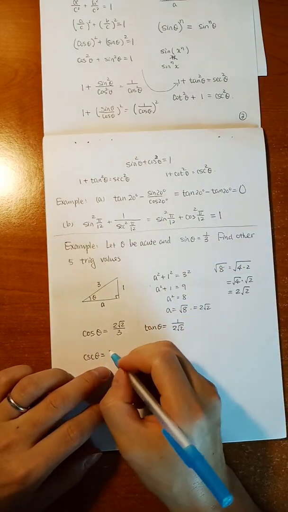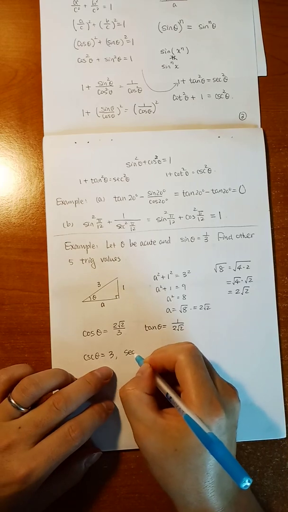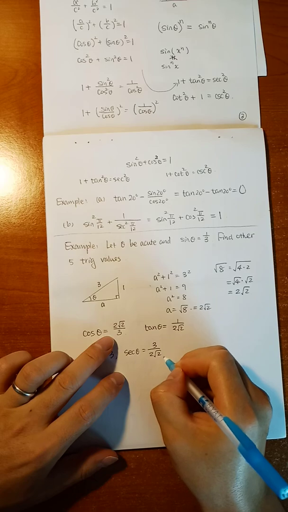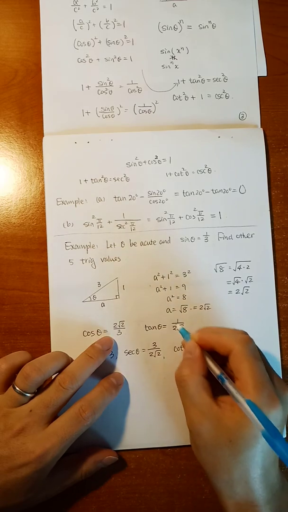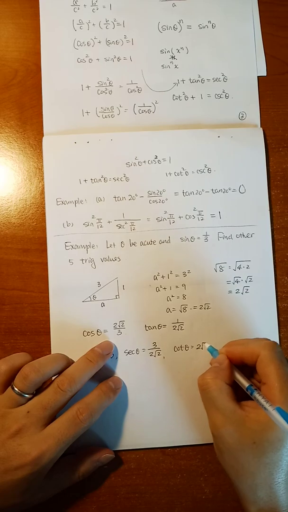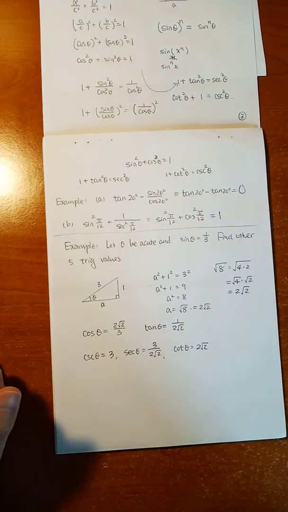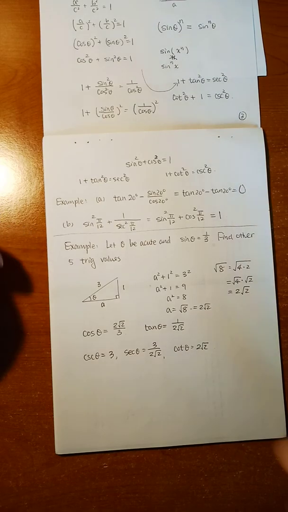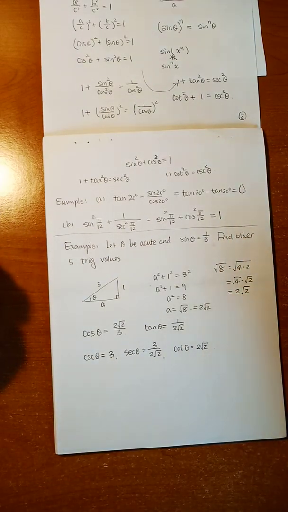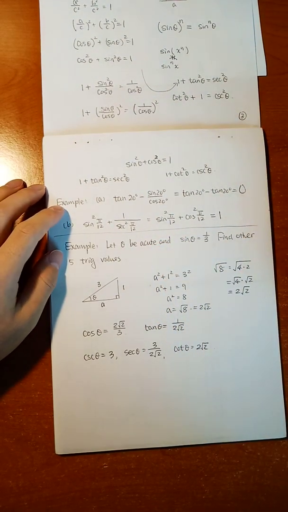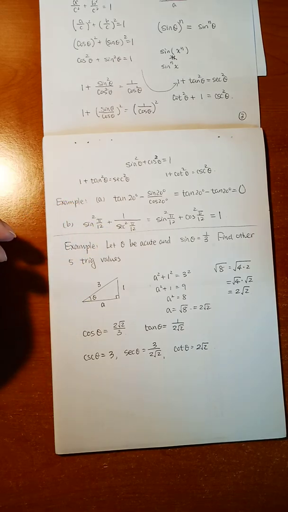Cosecant is 1 over sine. And secant is 1 over cosine. Cotangent is 1 over tangent. Okay. So this is the answer of the problem. And be careful, you have to assume the angle theta to be acute in order to put it in the right triangle.